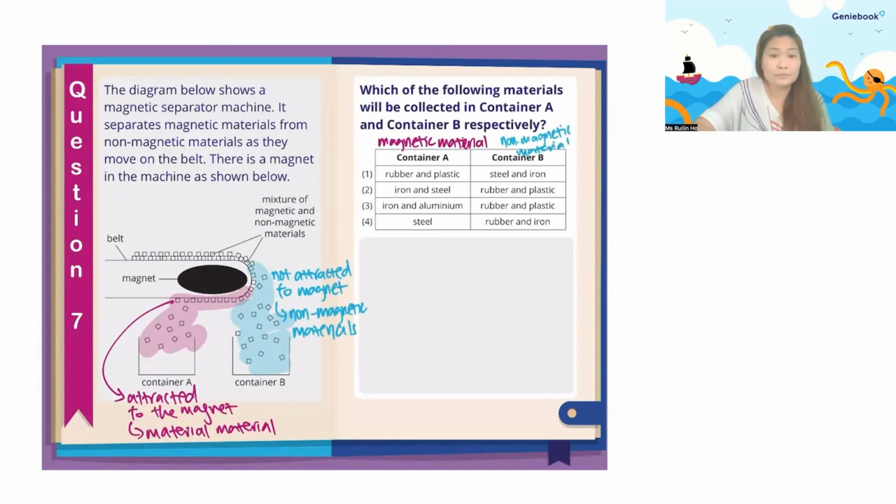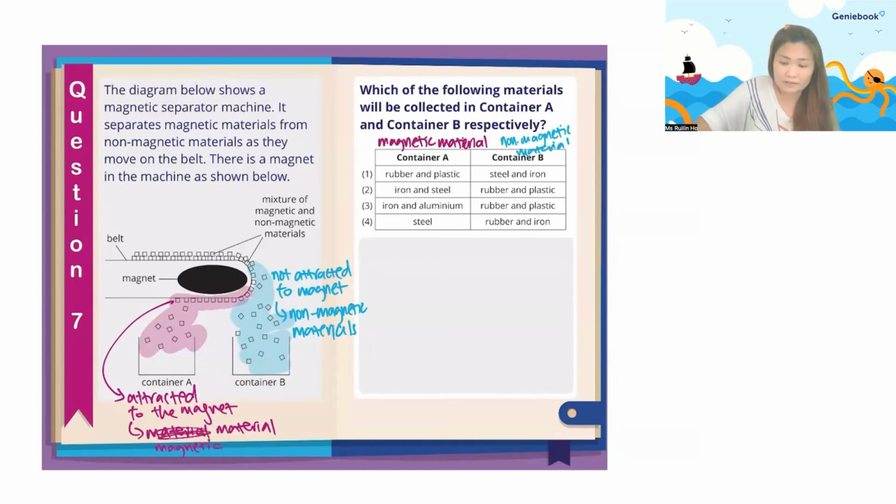I wrote material, oh I did. Oh dear. I can't erase this somehow. Hold on. Okay, never mind, I shall cancel.